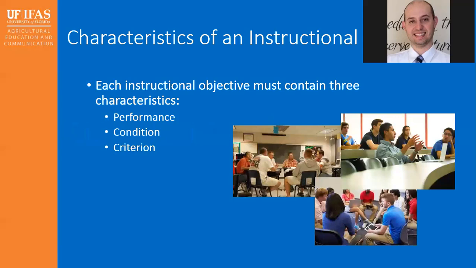So now let's get into some more of the nuts and bolts of the characteristics of an effective instructional objective. To be effective, each instructional objective must contain 3 components, which are performance, condition, and criterion. In the following slides, each of these characteristics will be unpacked and explain what it means, and we'll walk through some of the examples that will hopefully provide some clarity.